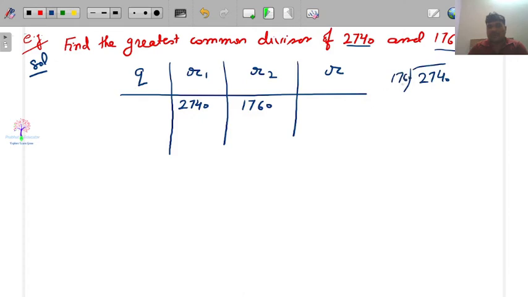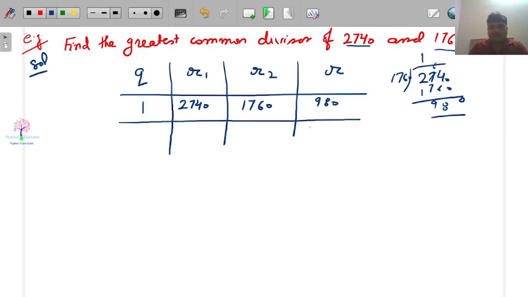If you take 2 times, it will be more than this, so 1 time. 1760 subtracted gives 980. So quotient is 1 and remainder is 980. Now move on to the next level.